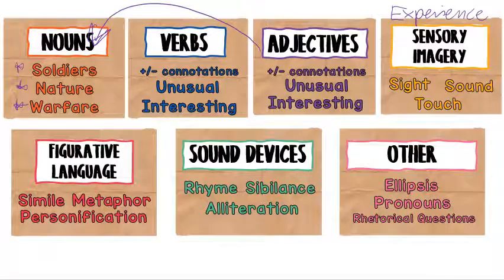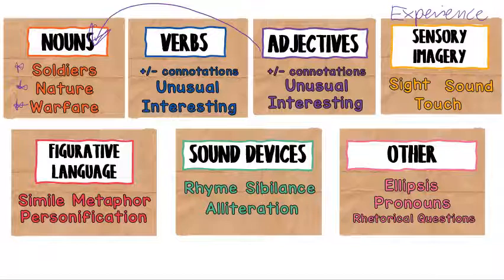But these are the main ones we're going to look at today. The sound devices are used to create rhythm and regularity to the sound. Often, sound devices are also used to contrast words. They are used to imitate the noises of warfare.